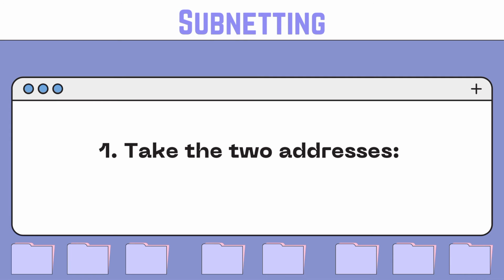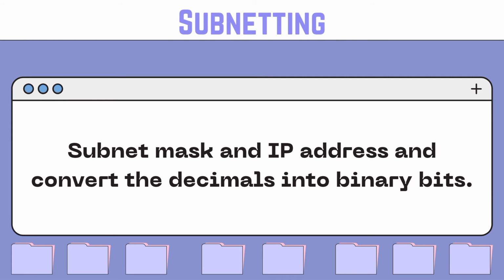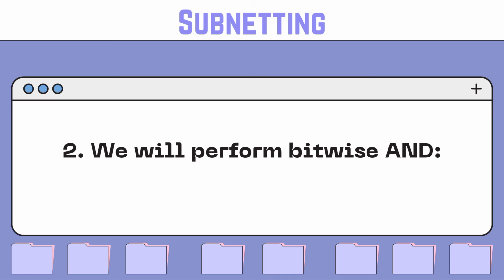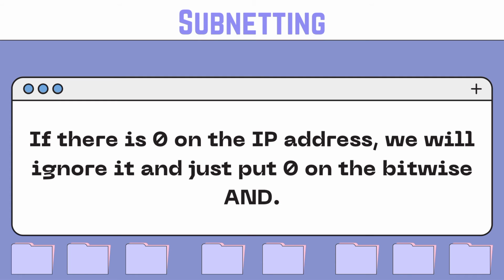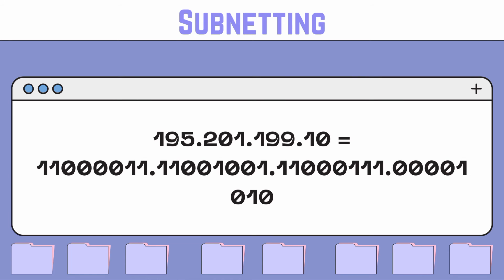First, take the two addresses, subnet mask and IP address, and convert the decimals into binary bits, which we have already done. Second, we will now perform bitwise AND. If there is 1 in both the subnet mask and IP address, we will bring it down. If there is a 0 on either one, we will put 0 on the bitwise AND.